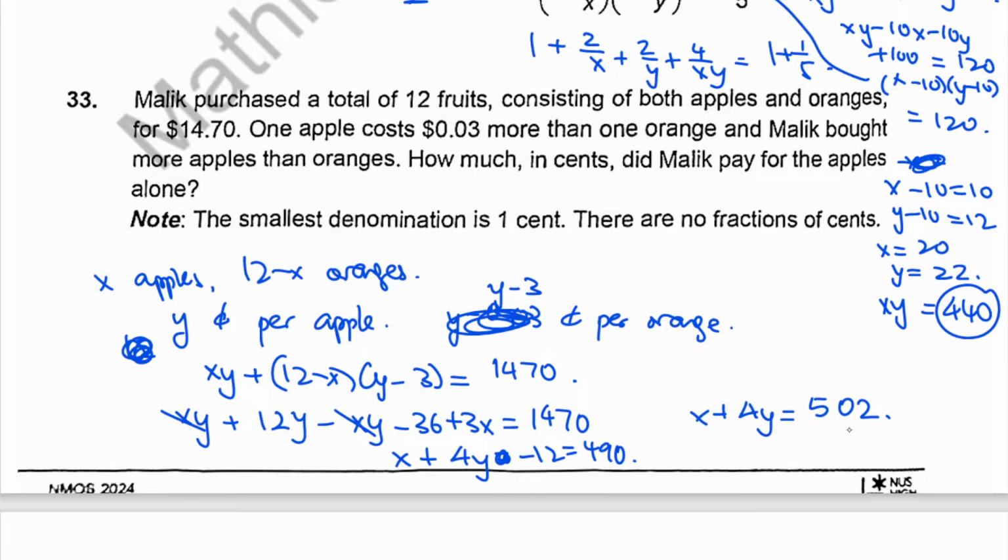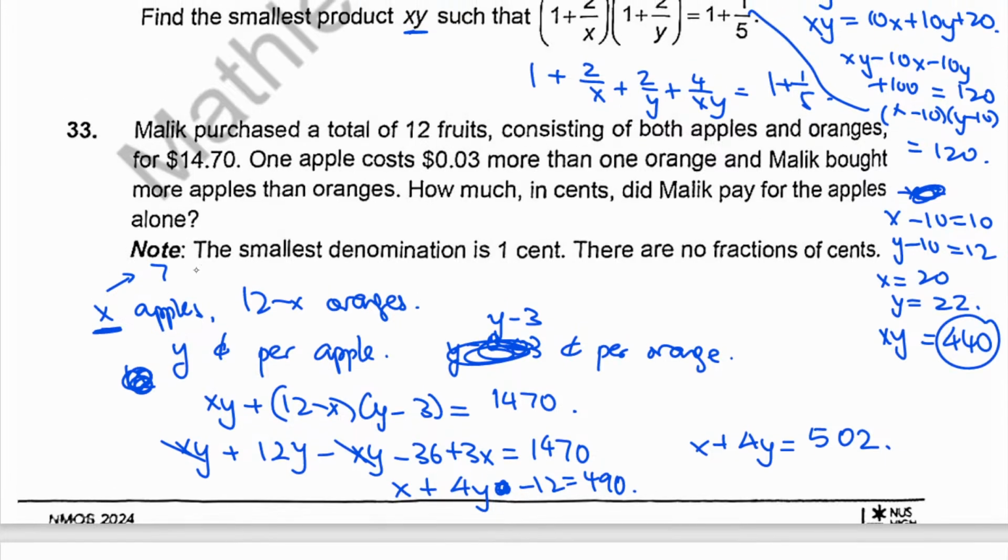Okay, so now we know that x can only be from 6 to 12. Actually 7 to 11, right? Because Malik bought more apples than oranges.